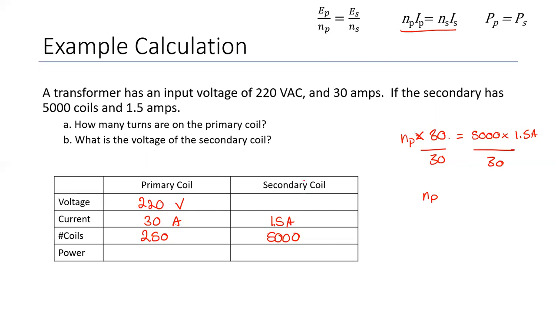If I want to know what the voltage happens to be, we can just use our same ratio. 250 for 220 volts is equal to X volts over 5,000. And that gives us 4,400 volts.